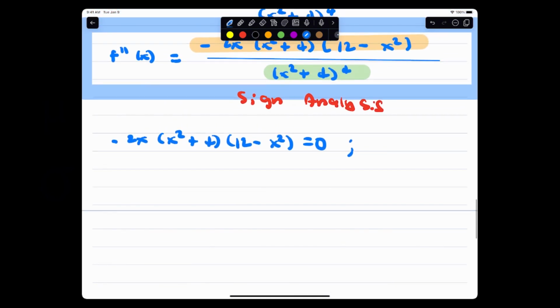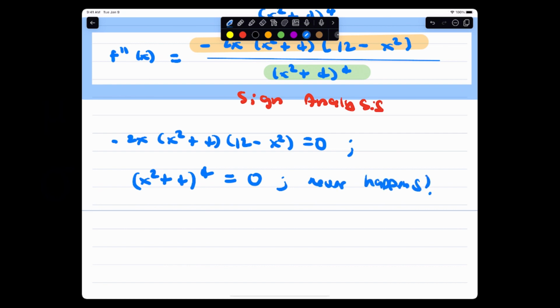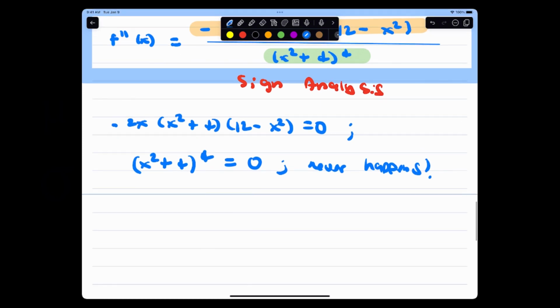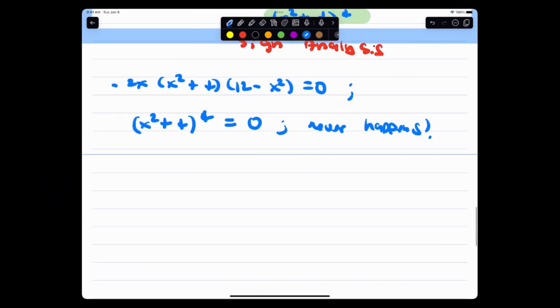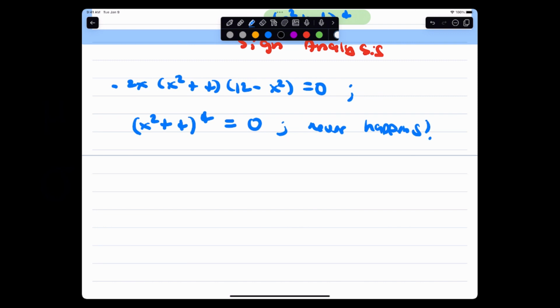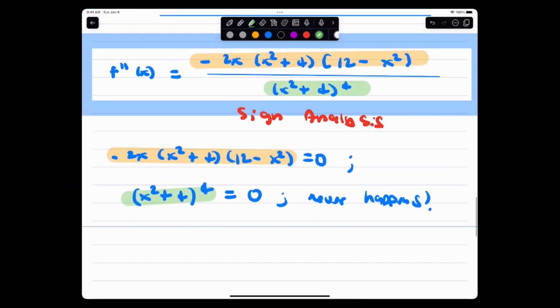And then that denominator, by the way, where you want to find where that second derivative does not exist, well, that never happens. Because that denominator could never be 0. But the numerator sure can be 0. So you're going to solve that equation for the numerator being 0. You set this numerator equal to 0, set the denominator equal to 0. This is sign analysis. And I just want to point that out. Denominator can never be 0.